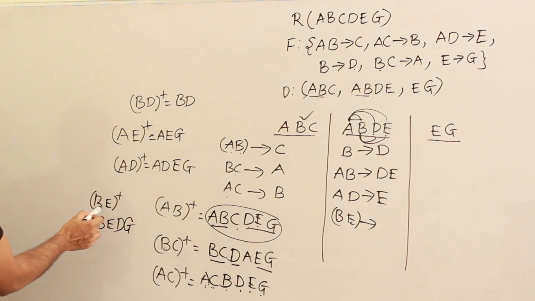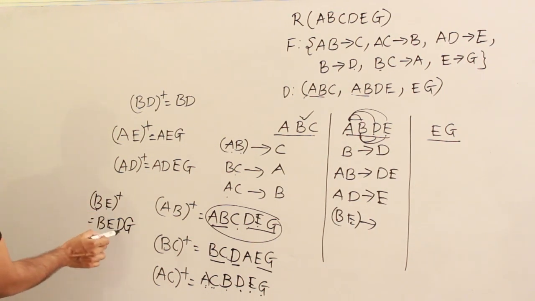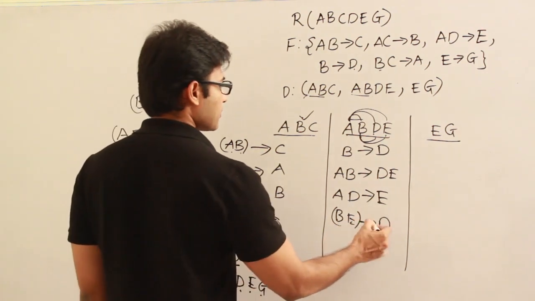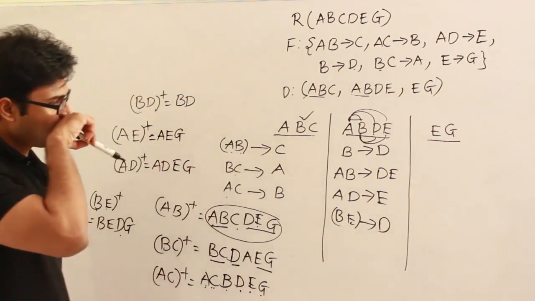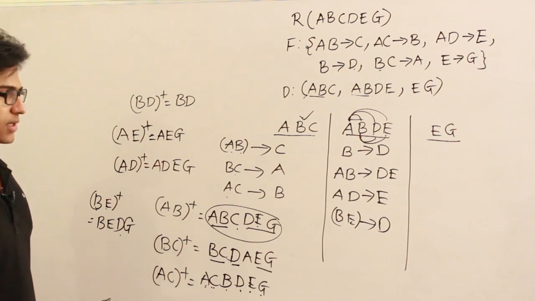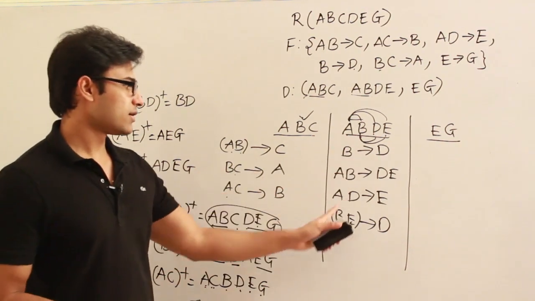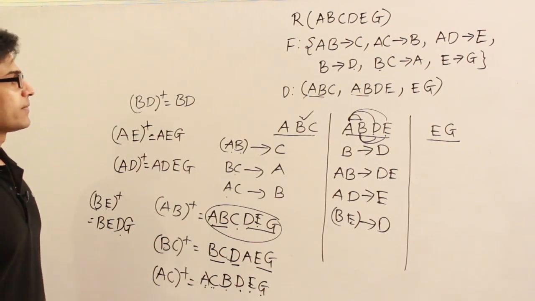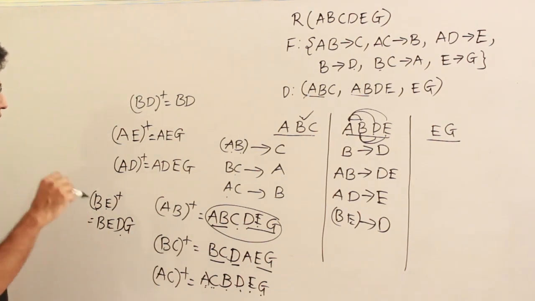Now what are the non-trivial dependencies here? B determines D. So only thing is BE determines D is there, right? Anyway B determines D is not actually going to add anything, but still it is better you do it, okay?